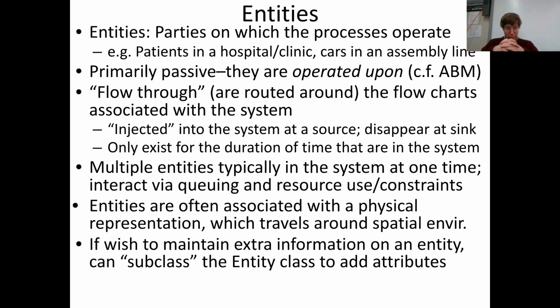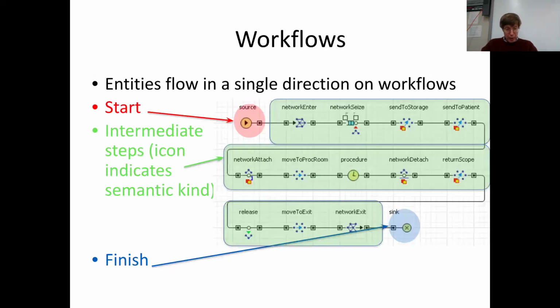Entities are often associated with the location and physical representation, which travels around. We've seen that. If you wish to characterize additional attributes of an entity, you can do so by what's called subclassing. So instead of saying this is a generic entity, we can say this is a patient entity which additionally has these characteristics.